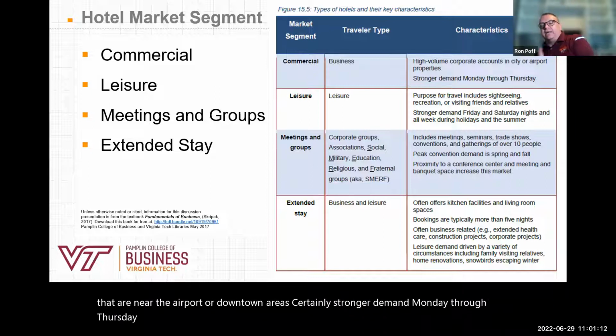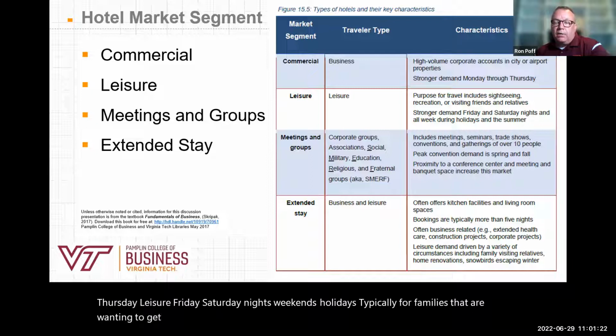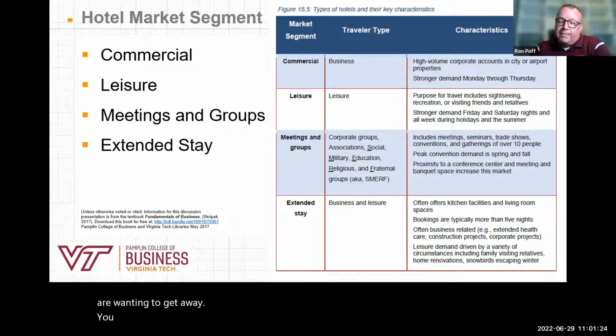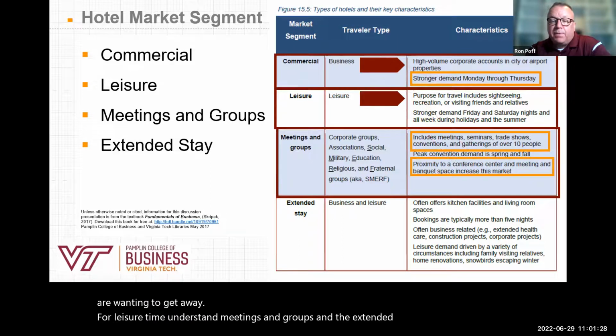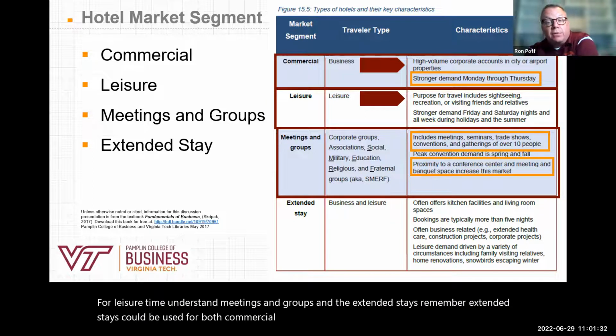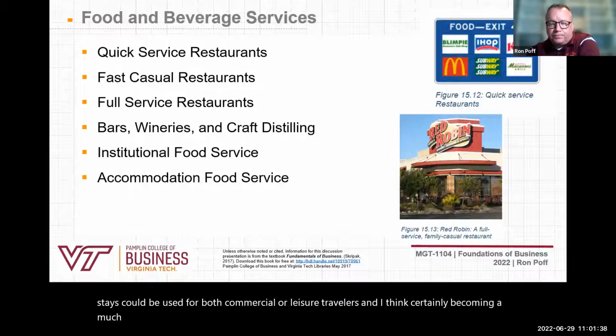Leisure, Friday, Saturday nights, weekends, holidays, typically for families that are wanting to get away, for leisure time. Understand meetings and groups and the extended stays. Remember, extended stays could be used for both commercial or leisure travelers. And I think certainly becoming a much more popular point of view.